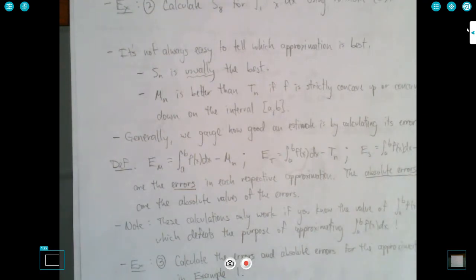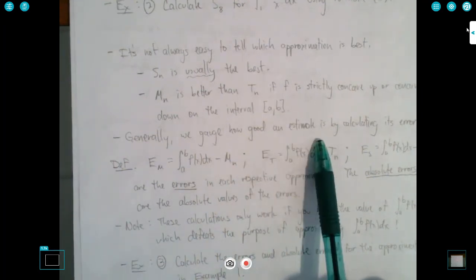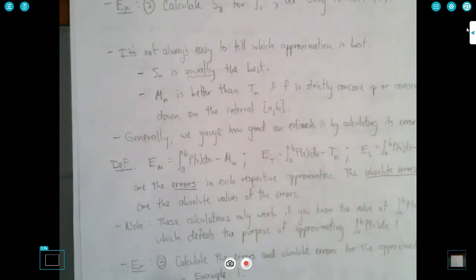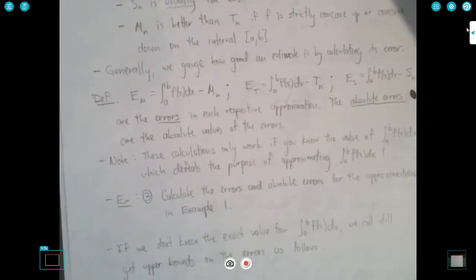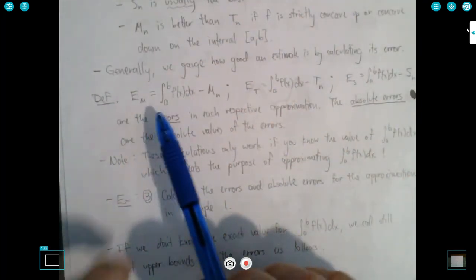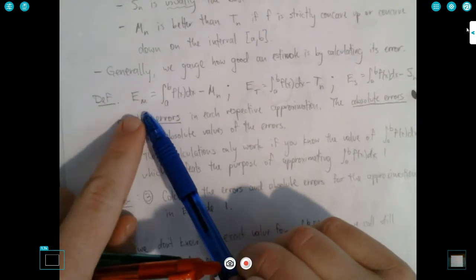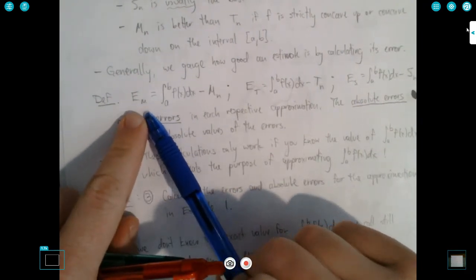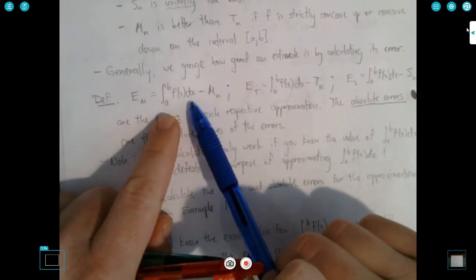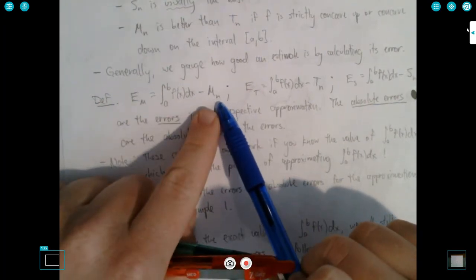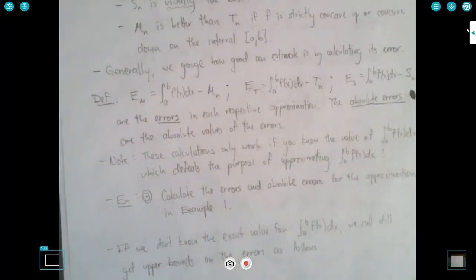But generally, we gauge how good an estimate is by calculating its error, and the errors are pretty straightforward, right? The error for the midpoint approximation, EM, is just the actual value of the integral minus the midpoint approximation. Same thing for the trapezoidal error.